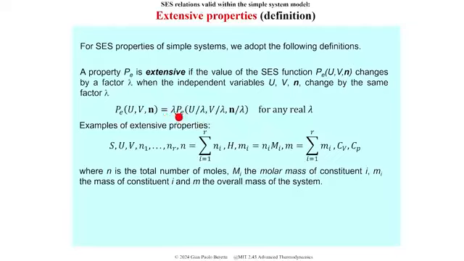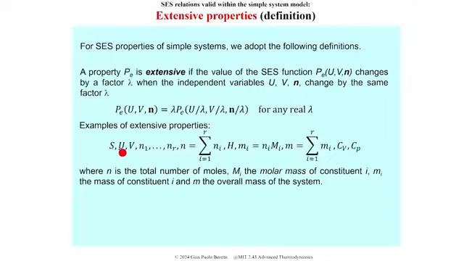Now, the homogeneity of first degree of the function that represents that was for the energy. This is for any other function that has that property. We call it extensive, and you can prove that.